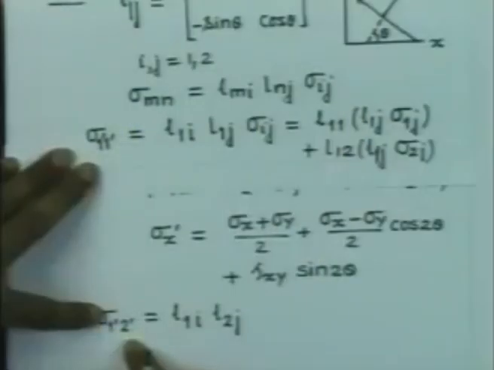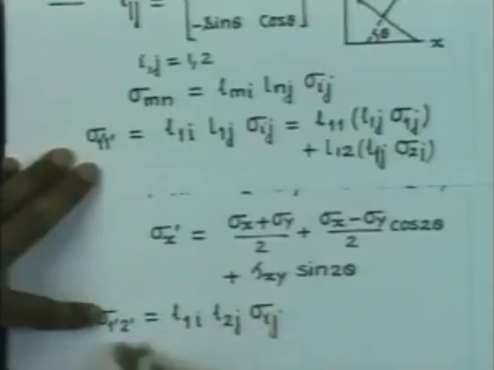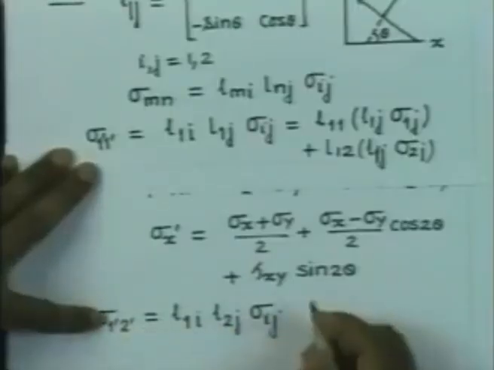This is now going to be equal to, so it is again 1 I, n is 2 now, 2 j. In fact, this dash has no meaning, we are just trying to consider the new direction 1 and 2.